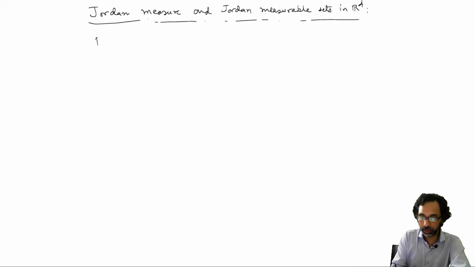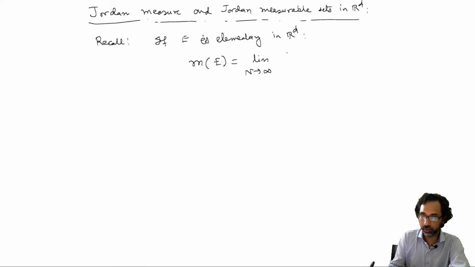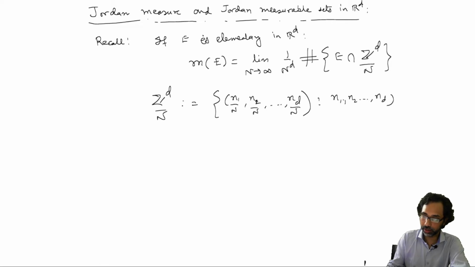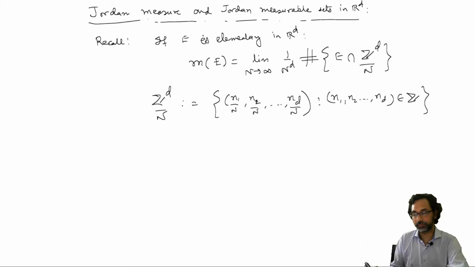One choice, recall that if E is elementary in R^d, then we had this formula: m(E) was the limit as n goes to infinity of 1 over n to the power d, the count of the set E intersection with Z^d over n, where Z^d over n was the set n1 by n, n2 by n, up to nd by n, such that n1, n2 up to nd is a d-tuple of integers.